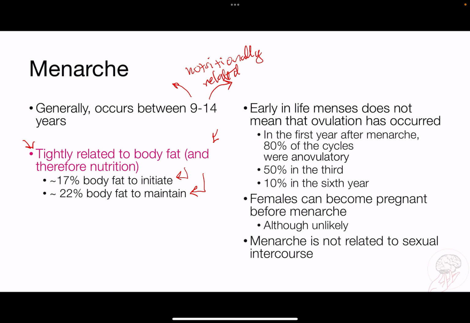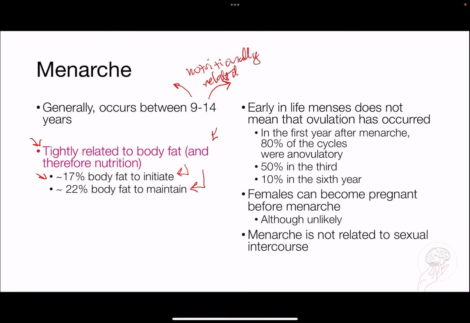And essentially, if we don't have at least 17% body fat, we being female, we cannot initiate menarche because we don't have enough stored energy to maintain fetal growth. And really, we won't have enough body fat unless we have 22% body fat to maintain fetal growth.